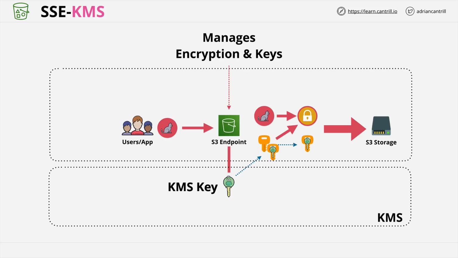And that key is a data encryption key which KMS generates using the KMS key. S3 is provided with a plain text version of the data encryption key as well as an encrypted one. The plain text one, that's used to encrypt the object and then it's discarded. The encrypted data encryption key is stored along with the encrypted object.